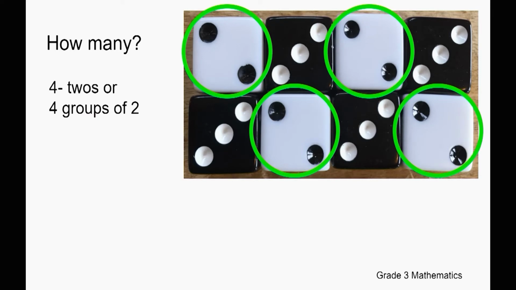Earlier, we noticed that there were 4 2s, or 4 groups of 2 in our image. How could we figure out how much that is altogether?